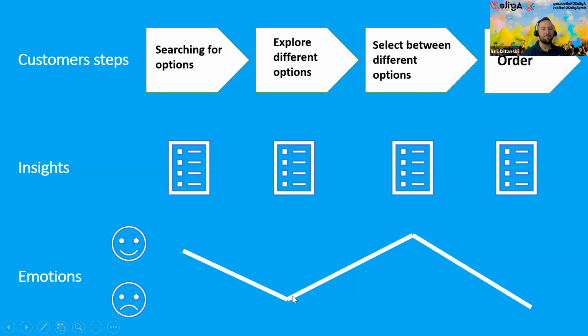So something happened here which doesn't allow our customer to have a good interaction with our website or application. After that, we have the third step with positive insights and emotions attached to it, and we can see that at the last step something has happened, because the experience is negative, right?